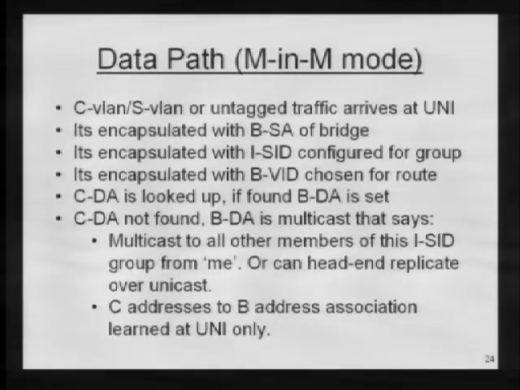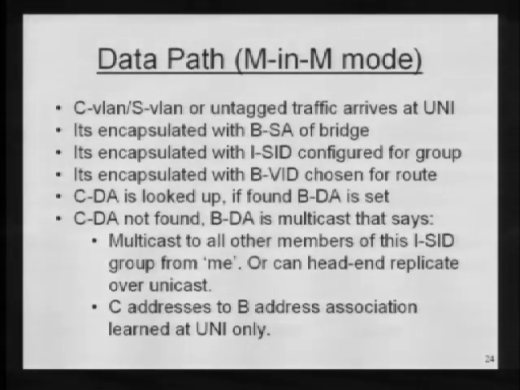So the MAC-in-MAC data path at the ingress, what it will do is take the tagged or untagged traffic arriving at the UNI port. It will encapsulate it with the B-MAC, the SA of that ingress device. It will encapsulate it with the service identifier, which is associated with this group, so what VPN you're a member of.